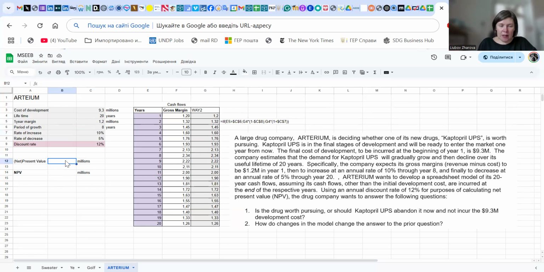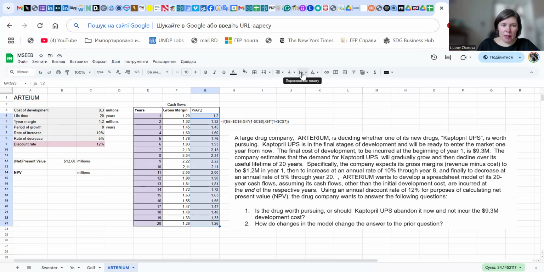Now, present value, which we have in Moodle. In Excel there is a net present value formula, and it's completely easy in calculation: the rate, the discount rate, and then the range of cash flows.